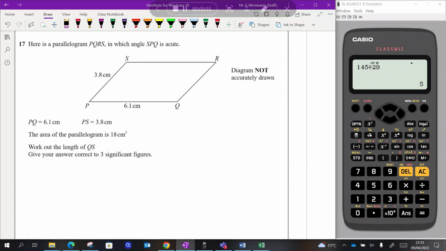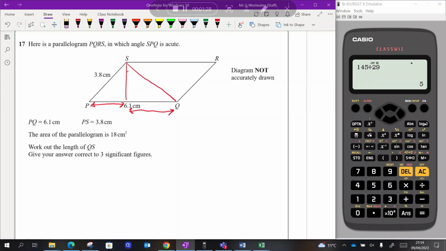I'm going to use the fact that the area of this whole thing is 18 centimeters squared to work out what the height is, and then use Pythagoras' theorem with the 3.8 to work out what this length is, and then use Pythagoras' theorem with whatever's left over from the 6.1 and our height to work out the length of SQ.